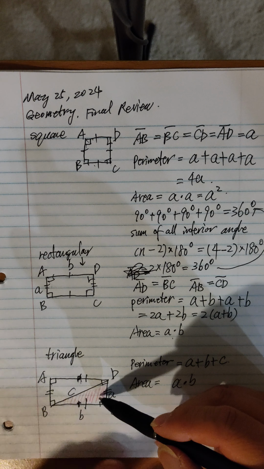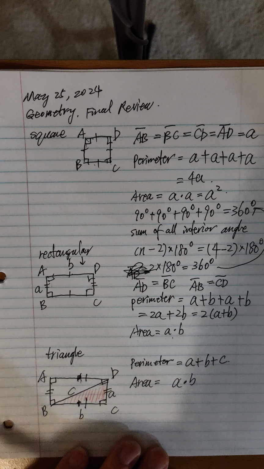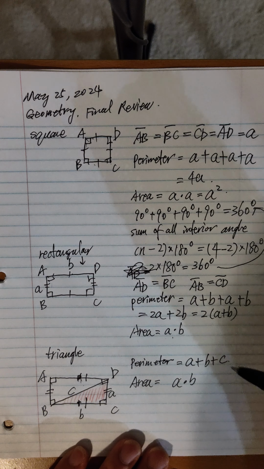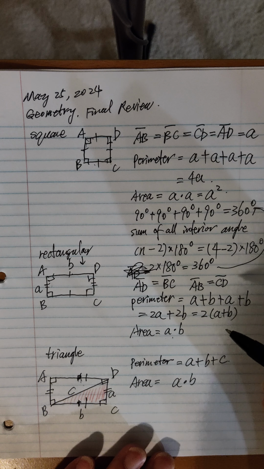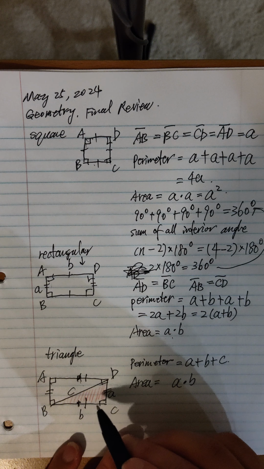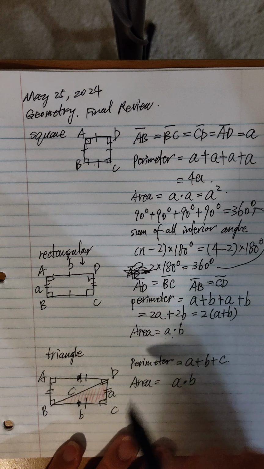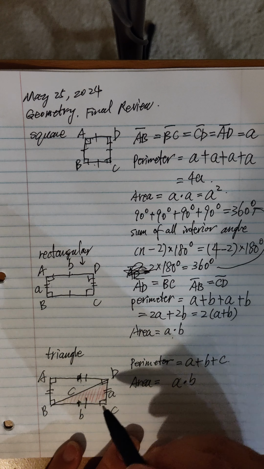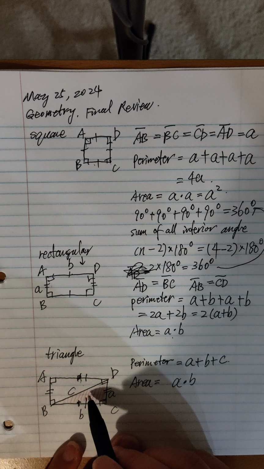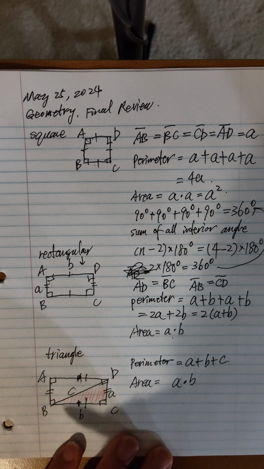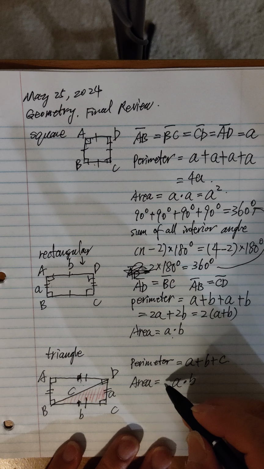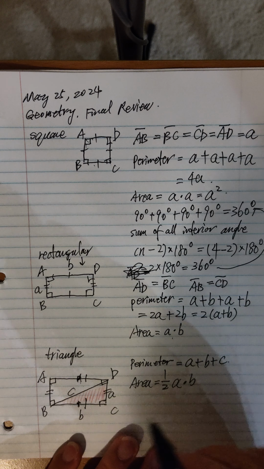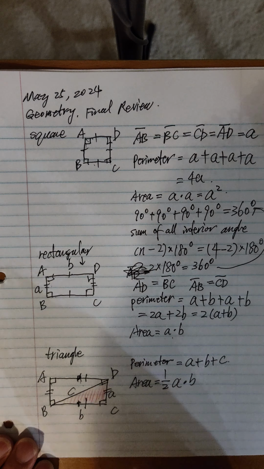So based on the theorem we learned at the beginning of the semester, those two are exactly the same triangle. Since the whole area of the rectangle is A times B, and that includes 2 identical triangles, that's why the area is half. So that's an intuitive understanding of that.